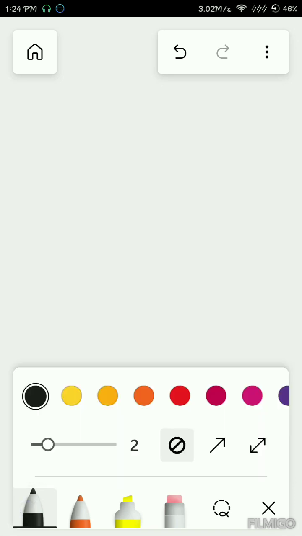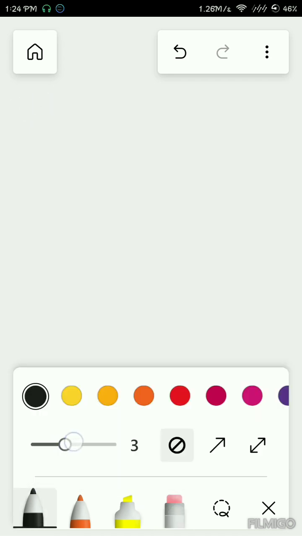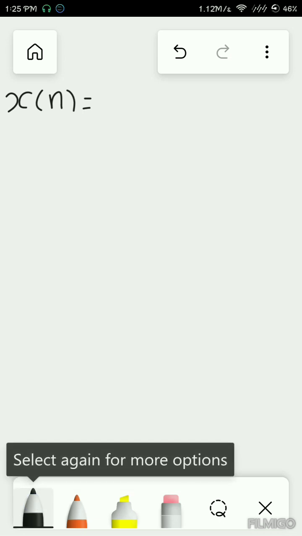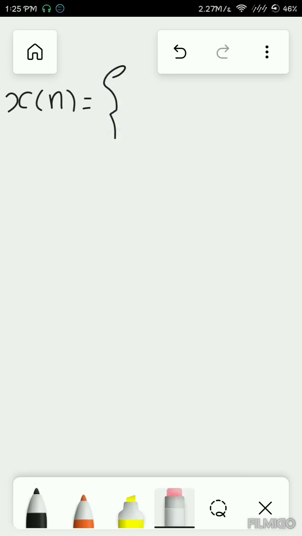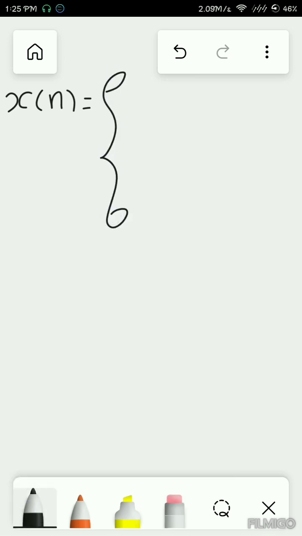My next problem is a kind of question with respect to a condition. So I take x of n equal to, I'll write it in a bigger manner: 1, 2, minus 1, 1, and 0.